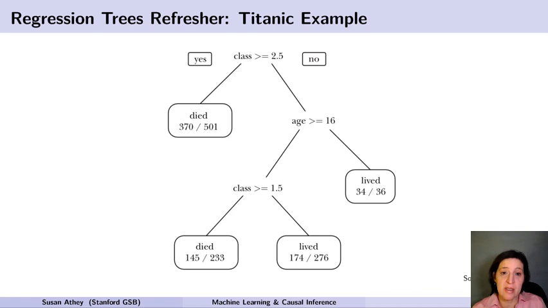Because class is such an important predictor of who lives and who dies, the tree here splits on that first. Then we look at the right branch and we can say, well, if you were in first or second class, the next important predictor for understanding who lived and who died is age.